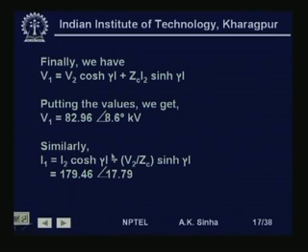D is equal to A, which is equal to cosh(γL), and C is sinh(γL) by Zc. Therefore, I1 is equal to I2 cosh(γL) plus V2 by Zc sinh(γL). Substituting the values of V2, Zc, sinh(γL), cosh(γL) and I2, we will get I1 as equal to 179.46 with an angle of 17.79 degrees.